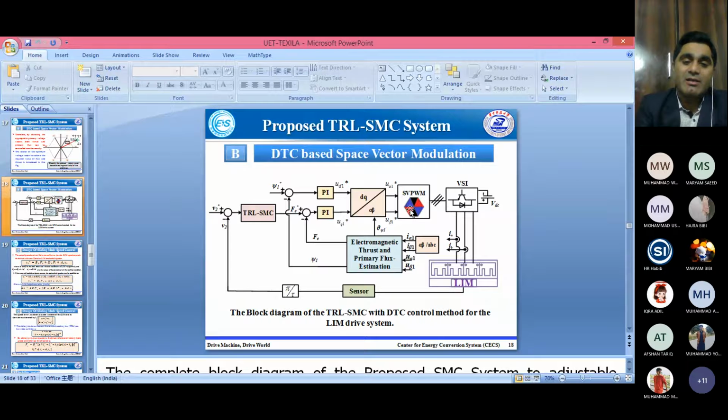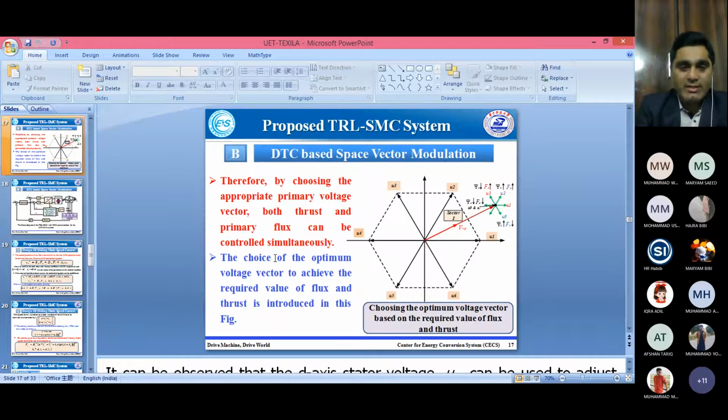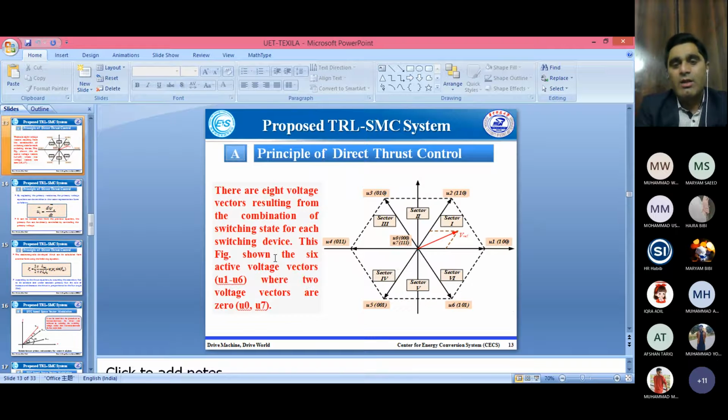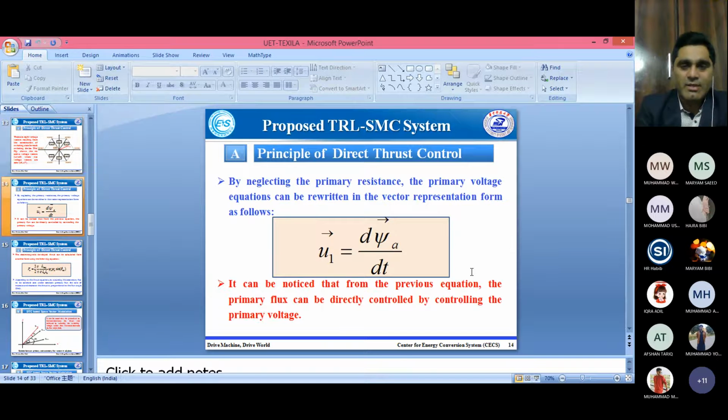Model predictive control can be used here to reduce the thrust ripple. So we are going to the previous slide to understand the direct thrust control. Here is just like a switching, just like a space vector pulse width modulation. Whenever we get the best vector, we choose the best vector for the modulation technique.